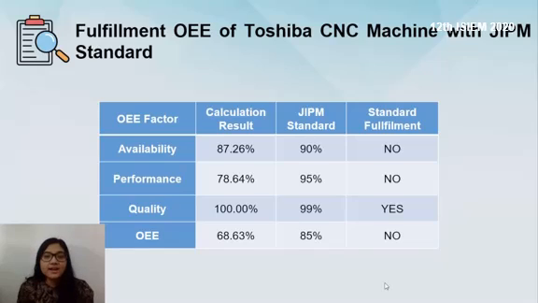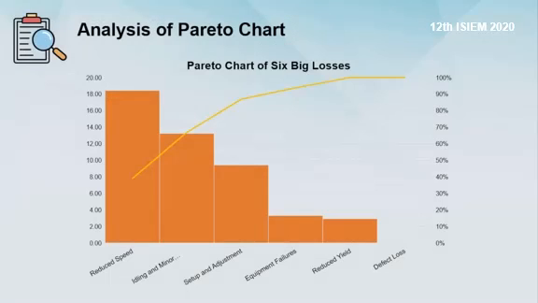So we must find out the factors that cause the low OEE of the Toshiba machine by calculating the 6 big losses. Then the 6 big losses calculation is represented in a Pareto chart.